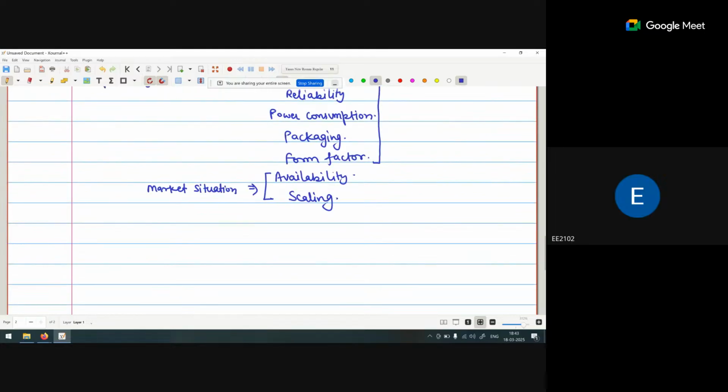Now, if we are talking about these 6 parameters, first is the performance. Performance is basically how my chip will work.